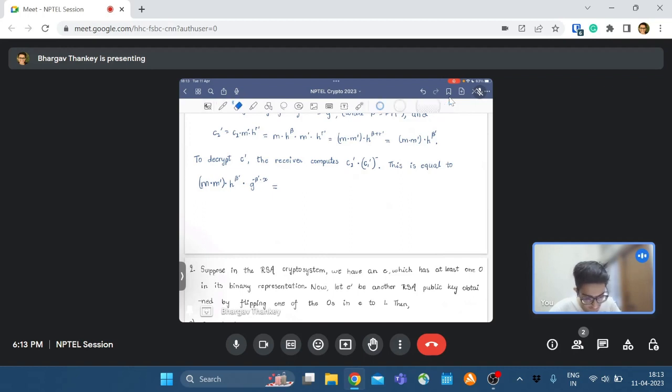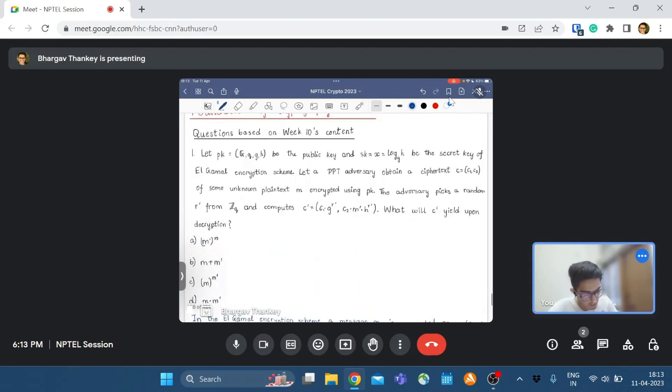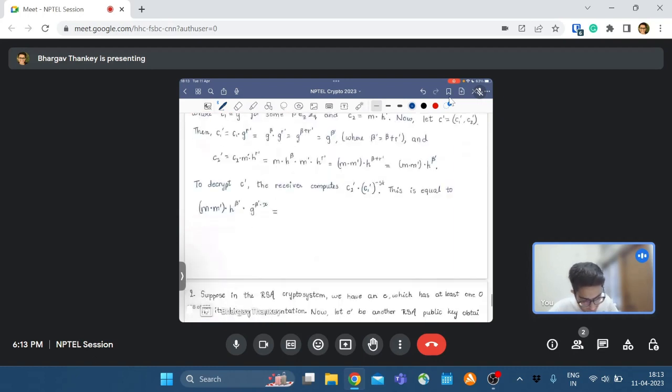Let me write secret key over here. That would be easier. And over here, our secret key is x. So what is h? Well, the discrete log of h base g is x, so h is g to the x.